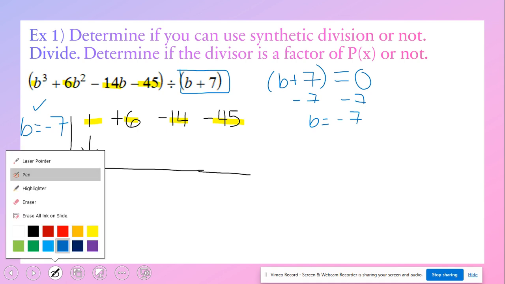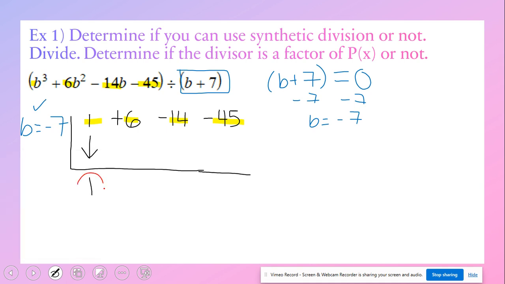So we write that on the outside, and now we're ready to rock and roll, friends. We're going to take 1, multiply it by negative 7, and that gives us negative 7. Write it in the next spot. Then we're going to add vertically. What is positive 6 minus 7? That's negative 1. Start over. What is negative 1 times negative 7? That's positive 7. What is negative 14 plus 7?